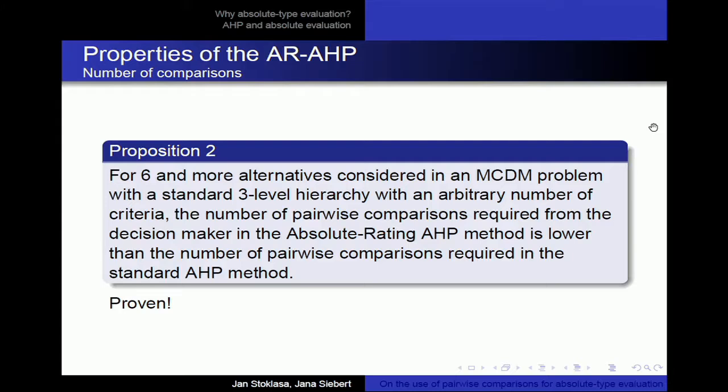And if we consider a three-level hierarchy, so we have those criteria, alternatives, and weights, as long as we have 6 or more alternatives, this method requires fewer pairwise comparisons than the full AHP, which is relative. Okay, this is it. So this is our take on building absolute type evaluation using relative type evaluation tools. If you have any questions, I'm happy to answer those.